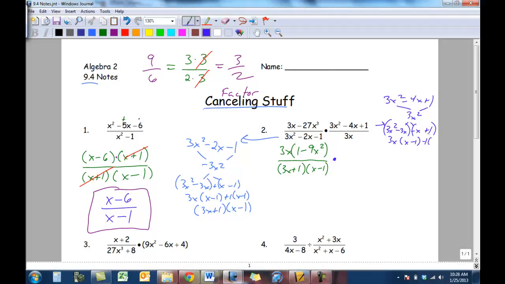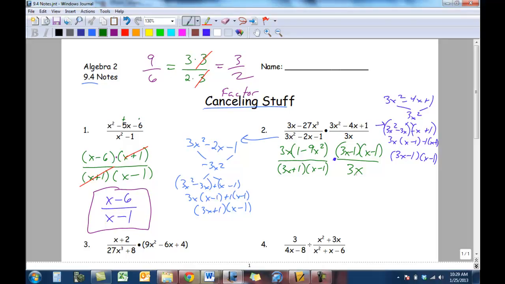A -1 can come out here, and we're left with x minus 1. So you got 3x minus 1 and x minus 1. So this is 3x minus 1, x minus 1, over 3x.